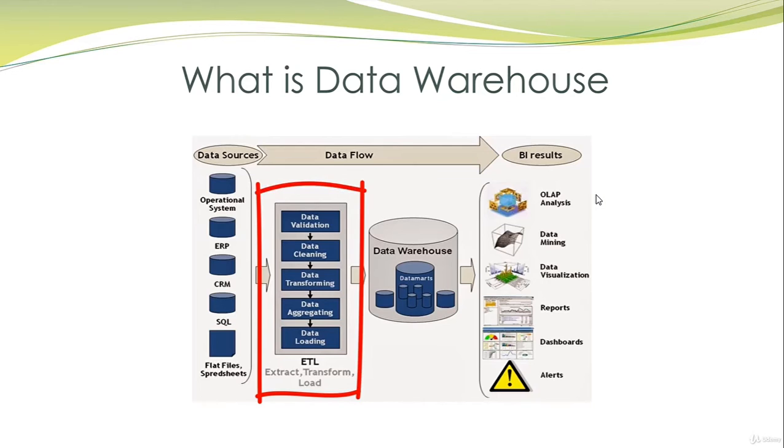Then it cleans this data, transforms it, validates it, aggregates it, and puts it together in a smart way through a process called ETL, which means extract, transform, and load.